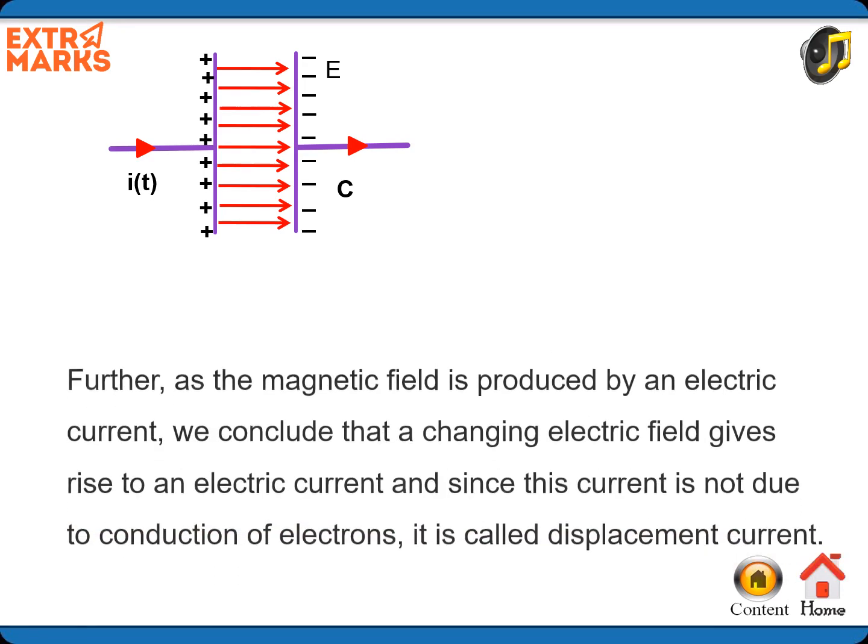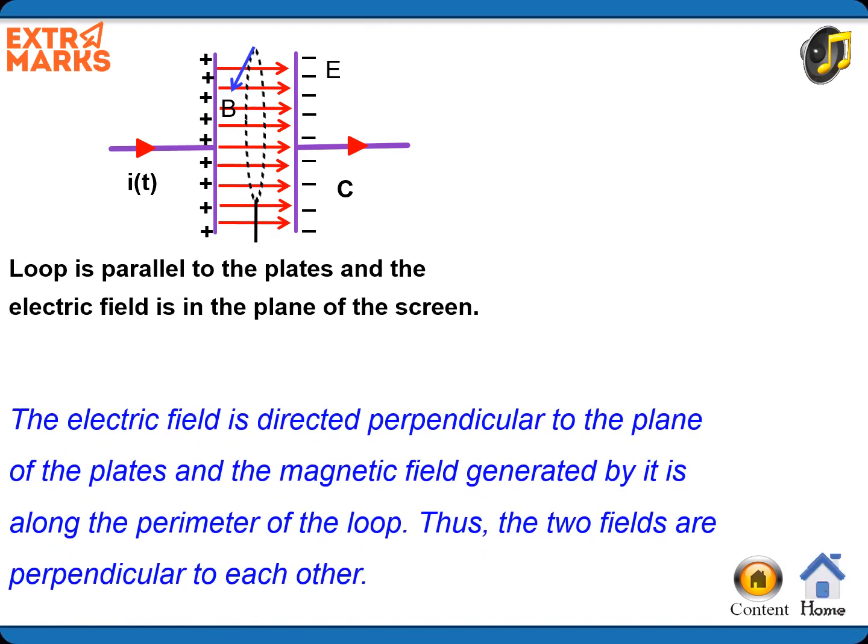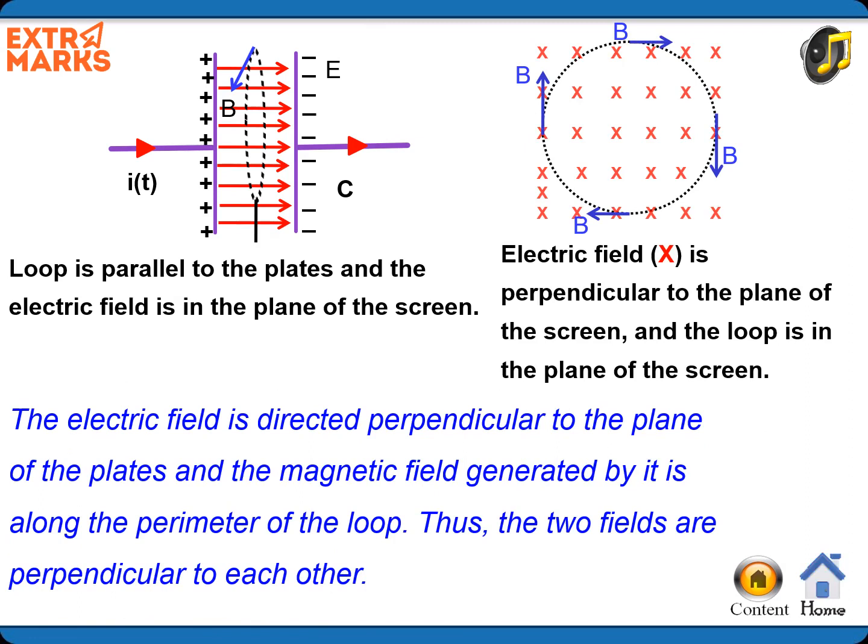Further, as the magnetic field is produced by an electric current, we conclude that a changing electric field gives rise to an electric current, and since this current is not due to conduction of electrons, it is called the displacement current. The electric field is directed perpendicular to the plane of the plates, and the magnetic field generated by it is along the perimeter of the loop. Thus, the two fields are perpendicular to each other.